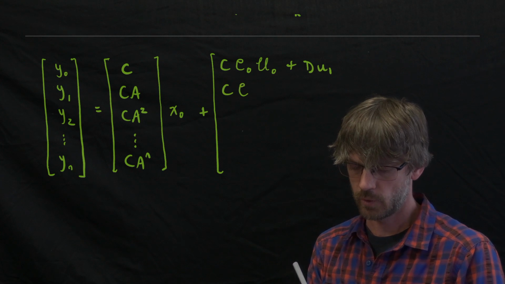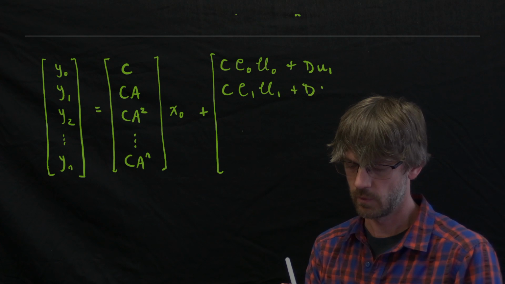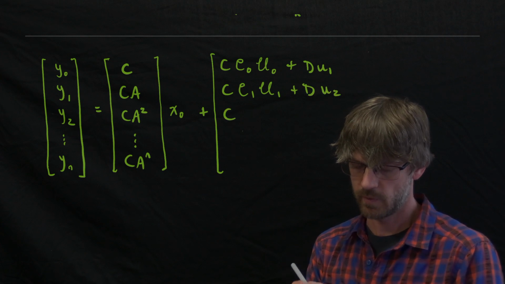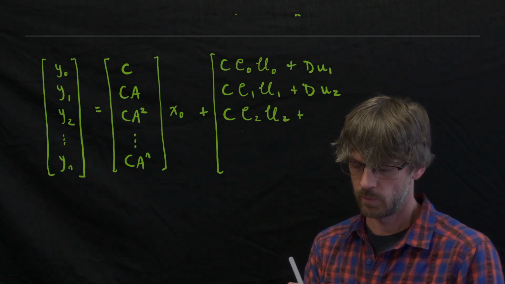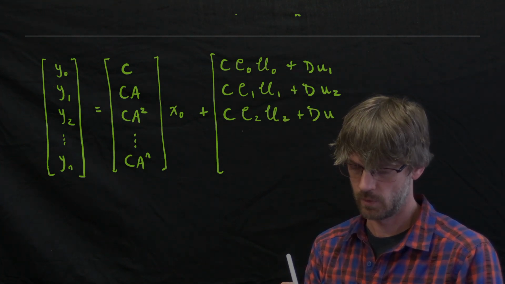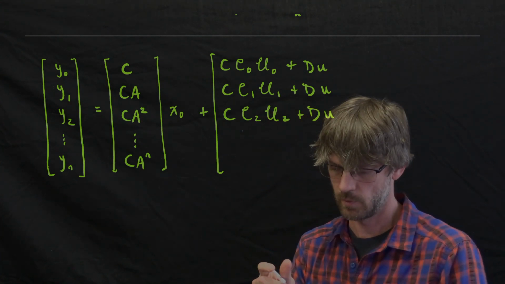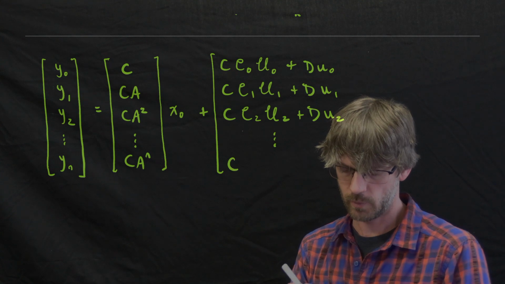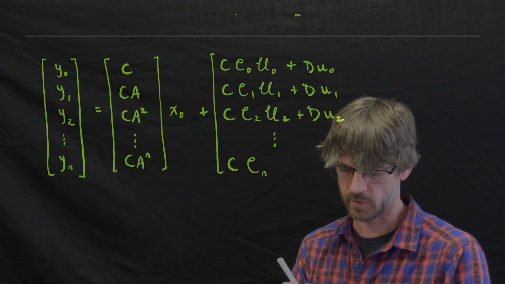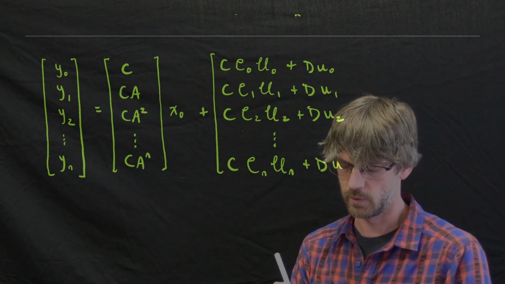C controllability matrix 1, and the cursive U, plus D U2. C controllability matrix 2, plus D U. Sorry, these should be 0, 1, and 2. All the way on until we have C controllability matrix N, U, N, plus D, U, N.